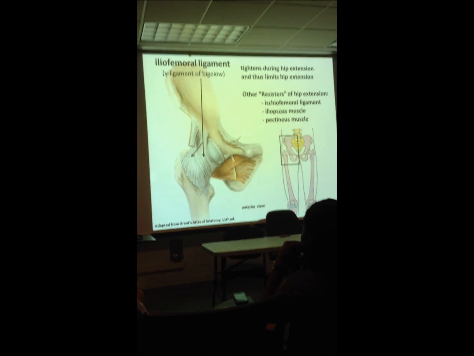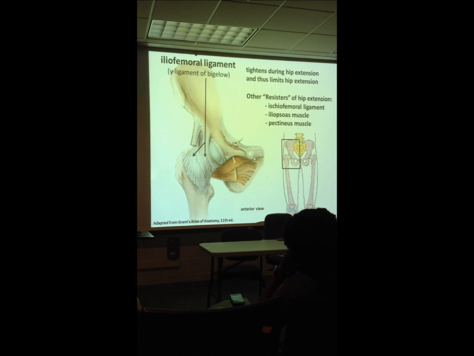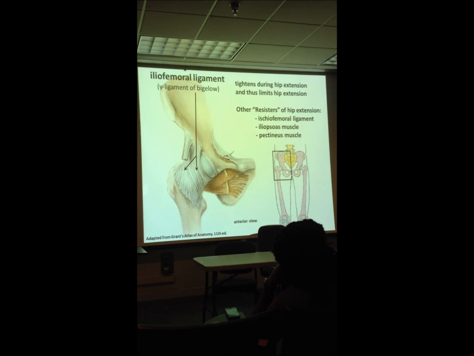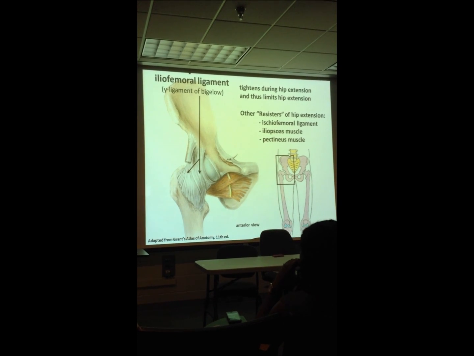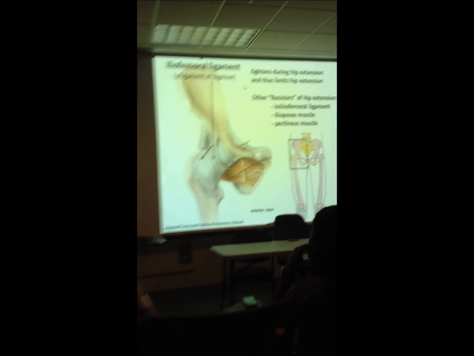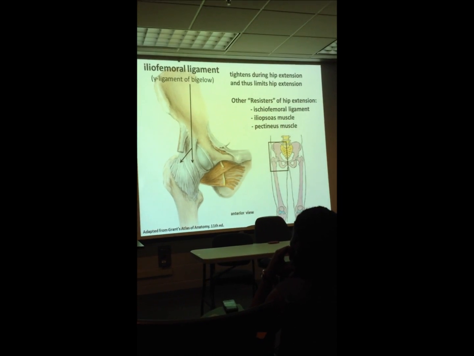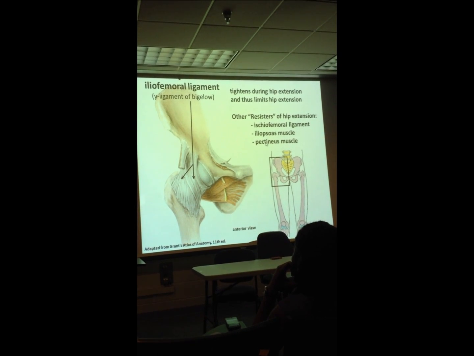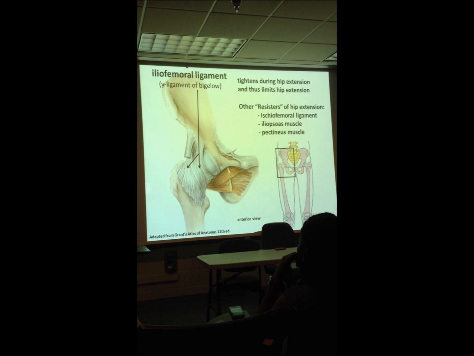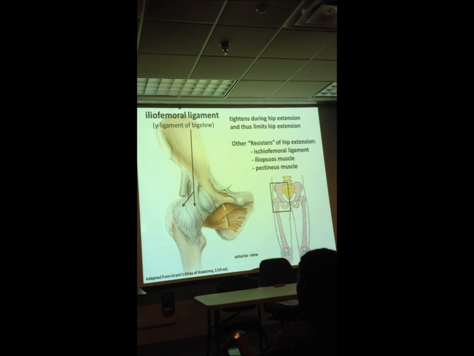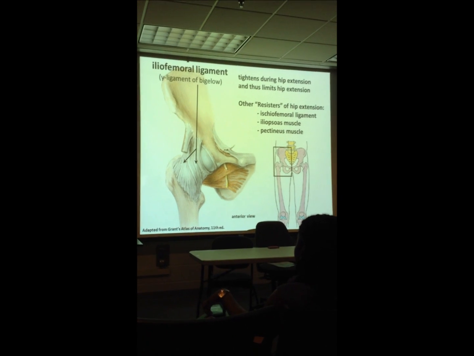Also, the pectineus muscle does the same thing. It comes down from here, across over to here, and it's a flexor of the hip also, so it's going to resist extension. So, you got 4 good resistors of extension: iliofemoral ligament, ischiofemoral ligament, iliopsoas muscle, pectineus muscle. Is the gluteus maximus going to resist extension? No. Absolutely not. It's going to make extension. All right.